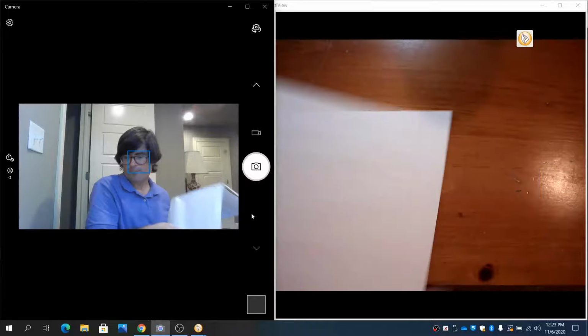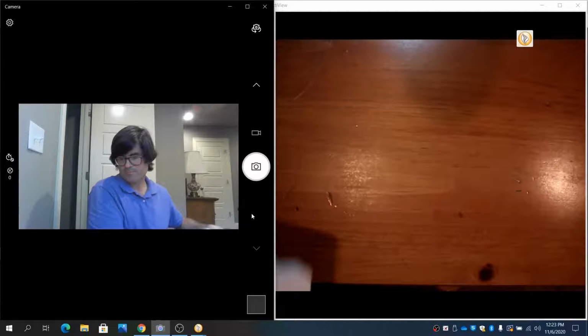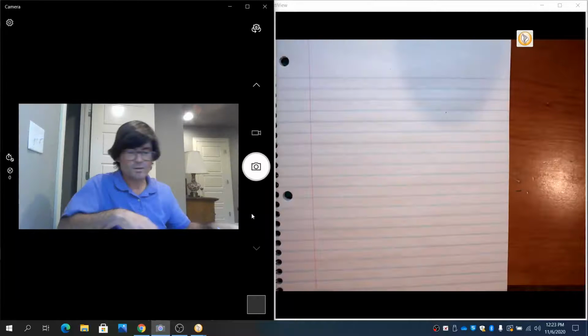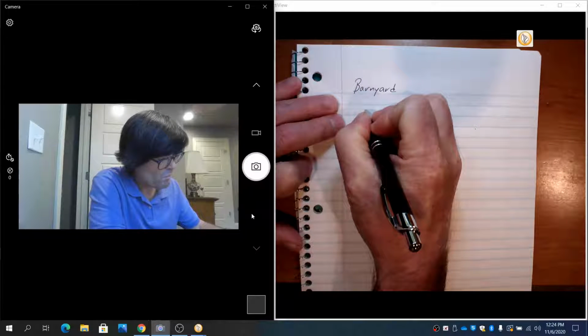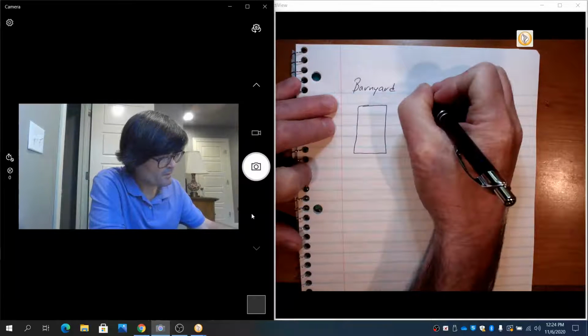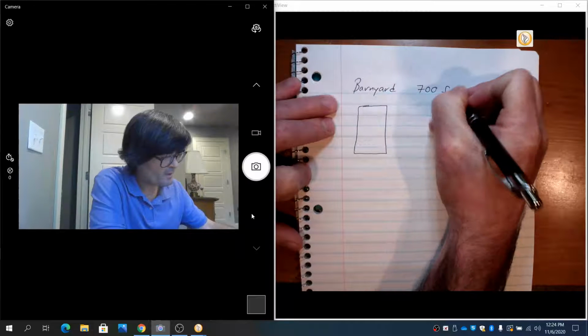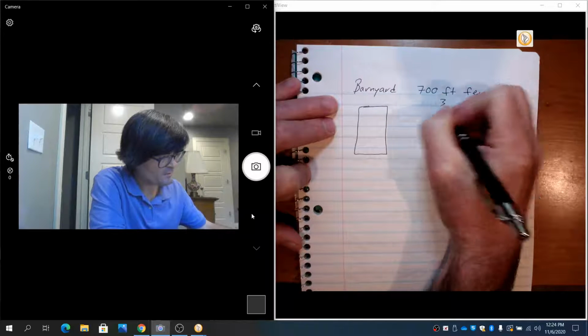Let's try another problem. So imagine you have a barnyard. And so here's your barn. And you have 700 feet of fence, and you need 3 pins.